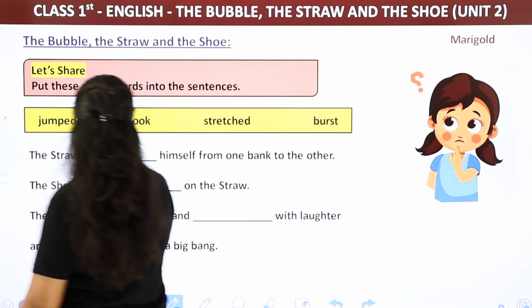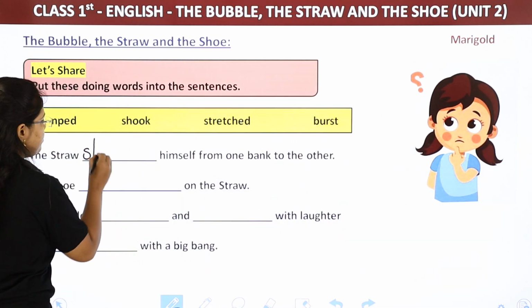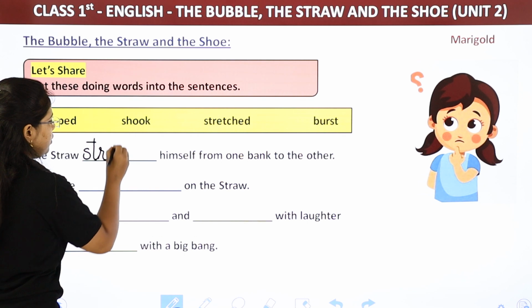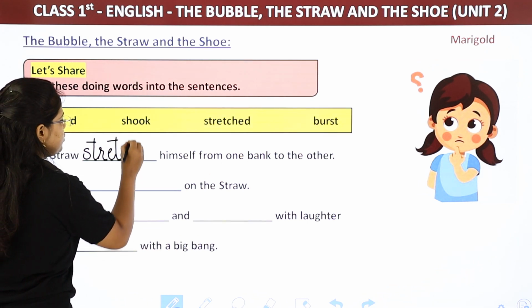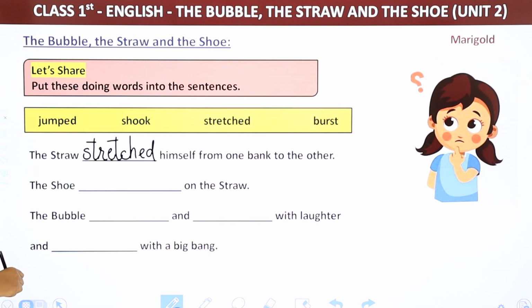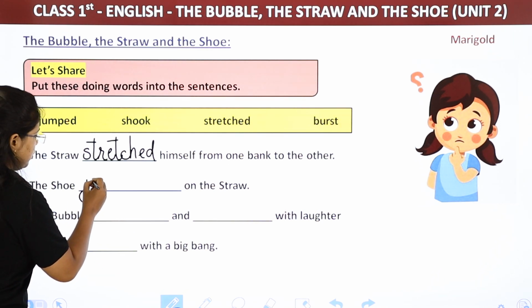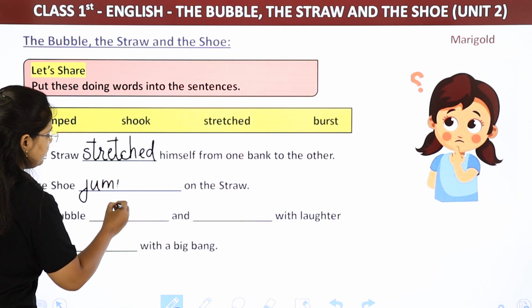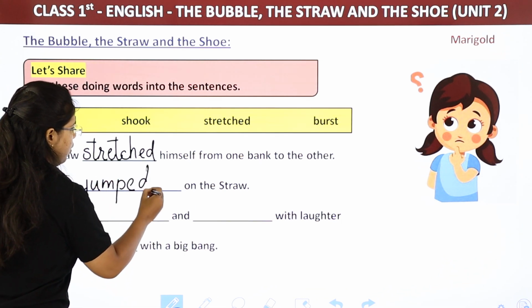The straw stretched himself. Right? Next, the shoe jumped on the straw. Shoe ने क्या किया straw के ऊपर? Jump किया. So, the shoe jumped on the straw.